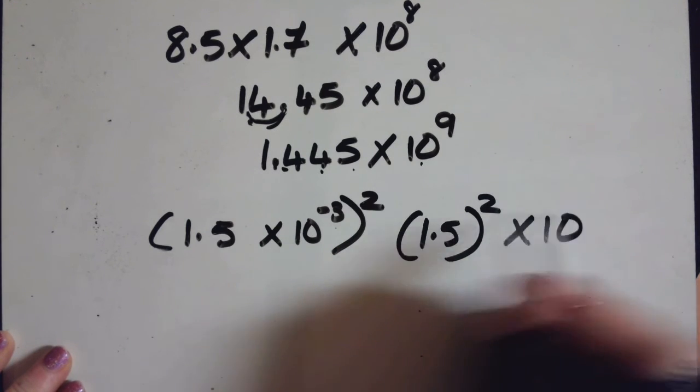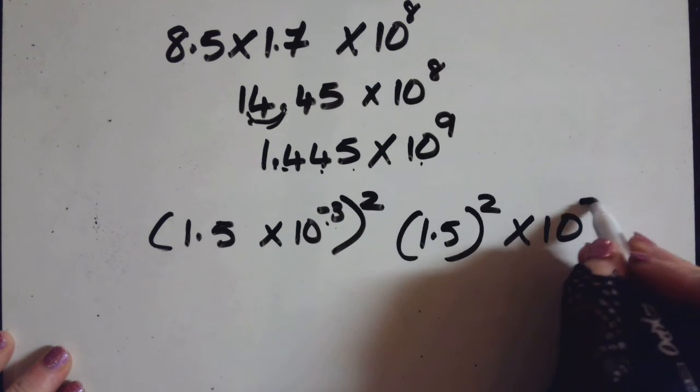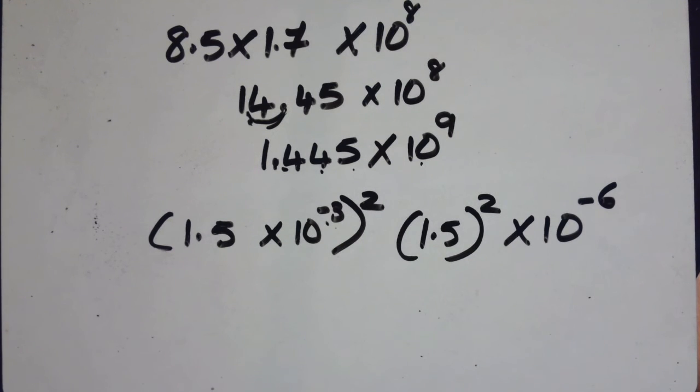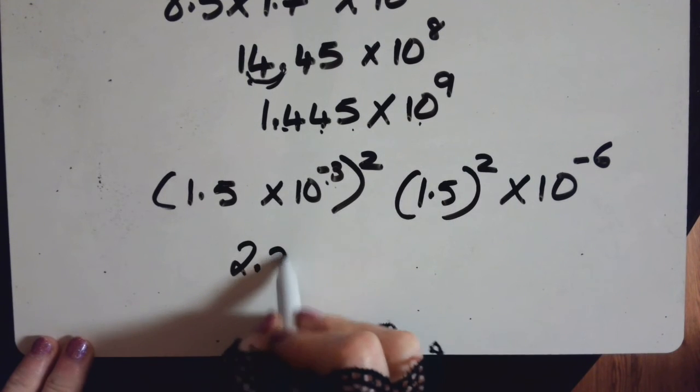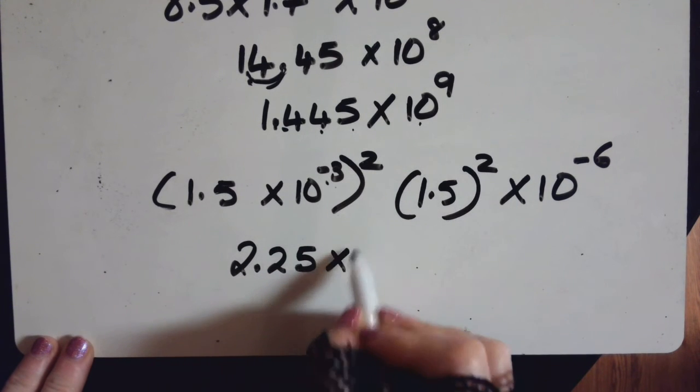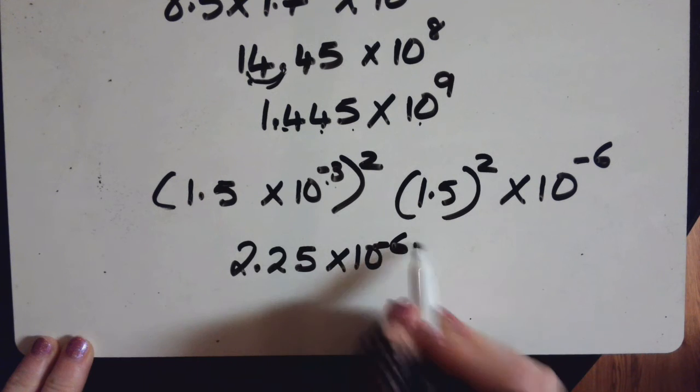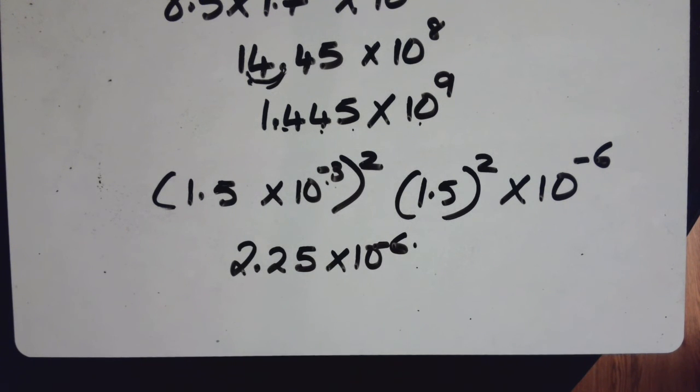Times 10, negative 3 times 2 is negative 6. Then 1.5 squared, you put that in your calculator and you're going to get 2.25 times 10 to the negative 6. And that's good. Unless they tell you to write it in standard form, then you are done. So you can see it's fairly easy to do this.